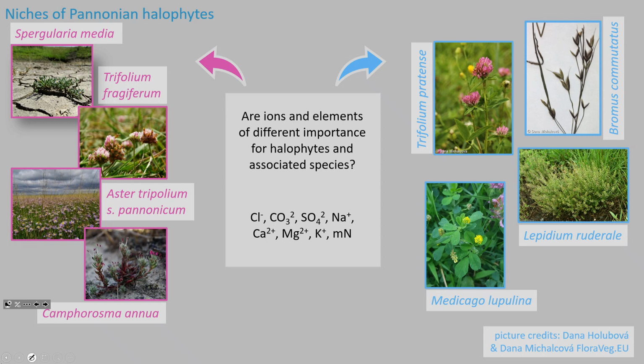And with that, I want to go back to that question of which of those variables, ions and elements, are important for either halophytes or glycophytes. And when I talk about importance now, I talk about occurrence.